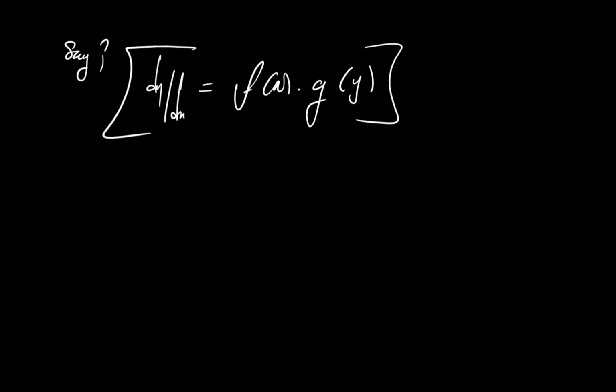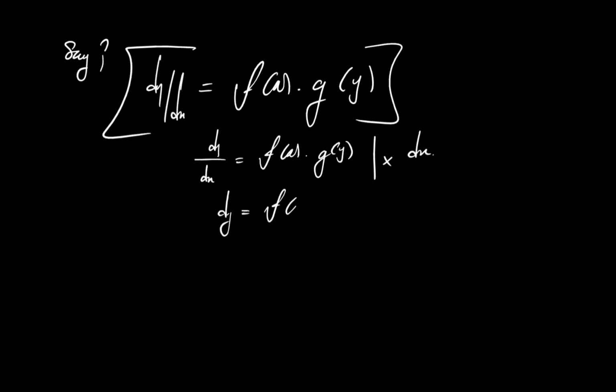So, how do you go about doing this? We're going to make sure that the x's are on one side and the y's are on the other. So, since dy over dx is equal to f of x times g of y, we can multiply everything by dx. Then we'll have dy being equal to f of x times g of y times dx.